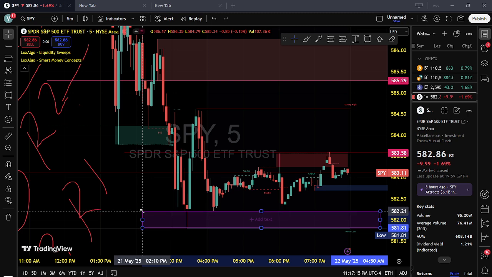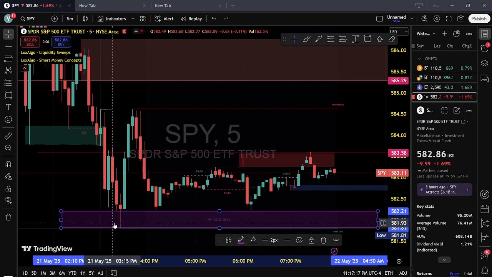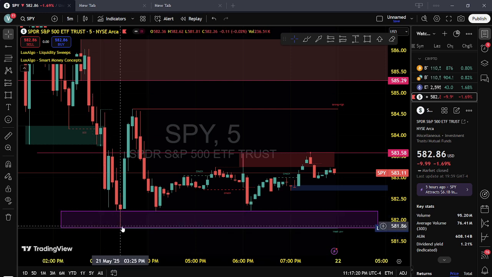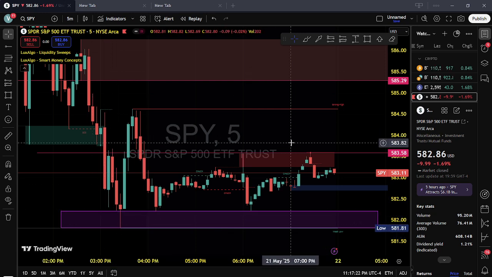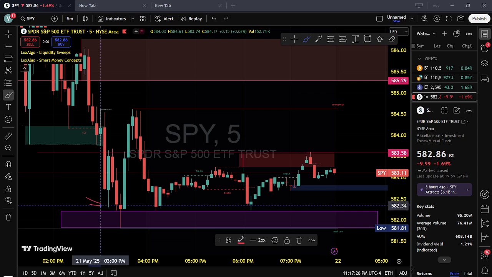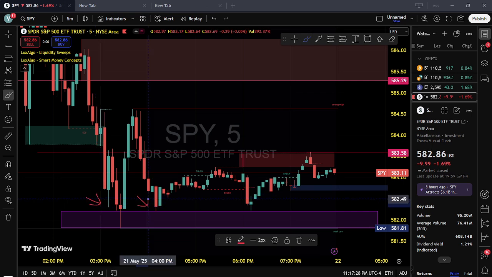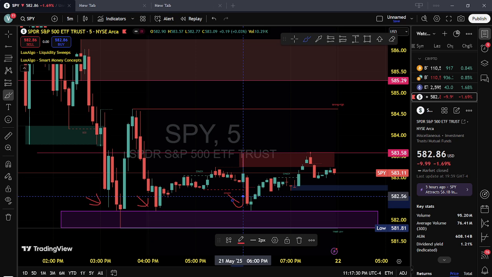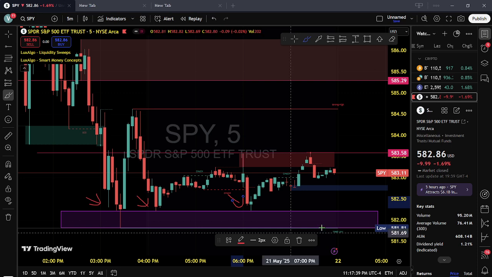And let's see how many times it supported. So it tapped. So one, two, three times. So on the 5 minute chart, three times it bounced at the same level, right?